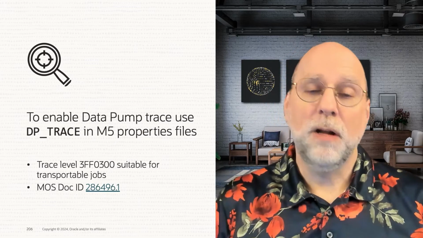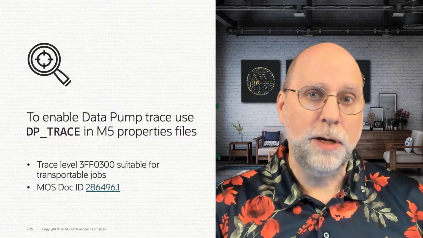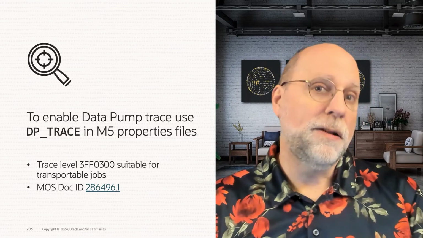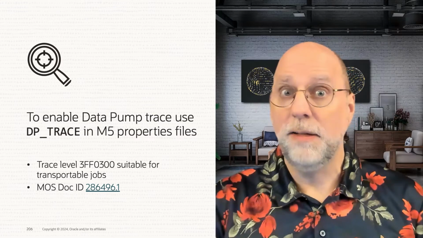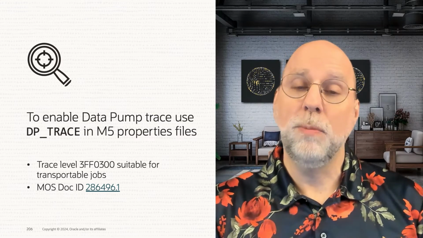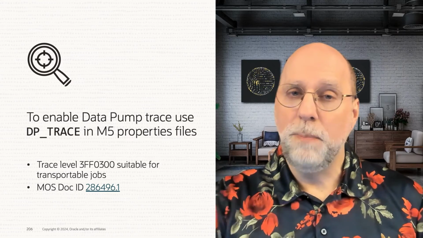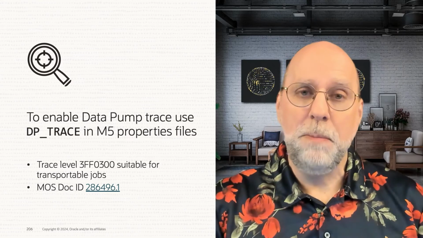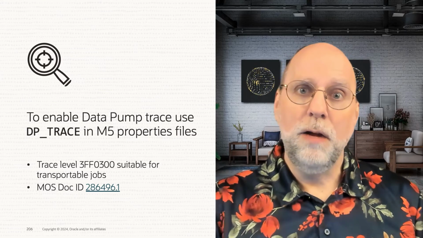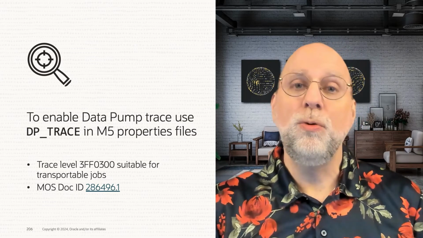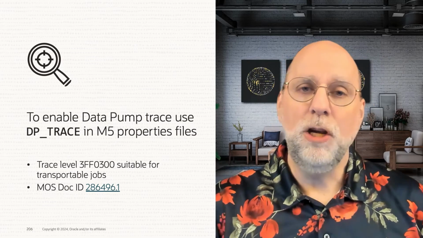Data pump has a lot of different aspects to its tracing, whether you're tracing the worker, the metadata, the control process, extensibility, and in this case, the transportable or pluggable tablespace aspect to it. So you don't need to know all of the bit masks that are available and what they mean. Just know that if you enable the data pump tracing with the M5 script, it'll do the right thing for the process that you are following.